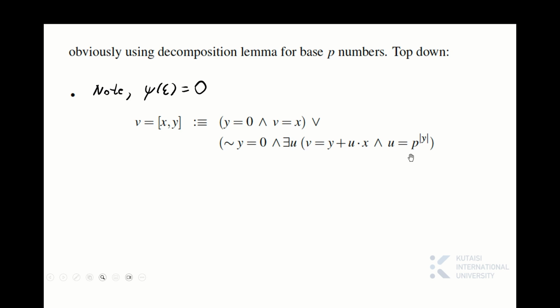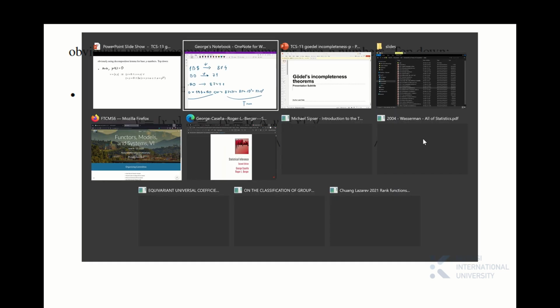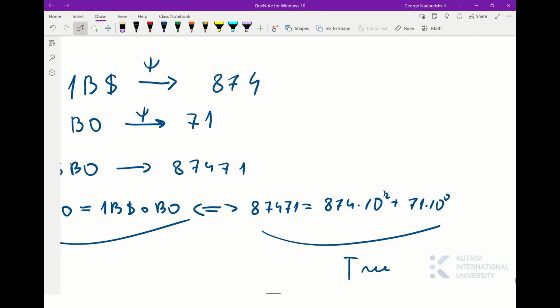What you told me is this here: that v is a concatenation of x and y if v equals y plus u times x, and u is the power of p. This is what you told me. P in our case was 10, the length of, so this here. Why did we, let me ask you a question here. Where did this 2 come from? How did you know that it was supposed to be 2?